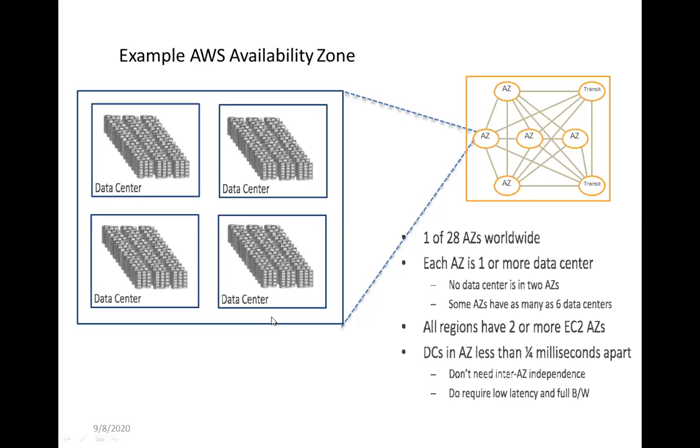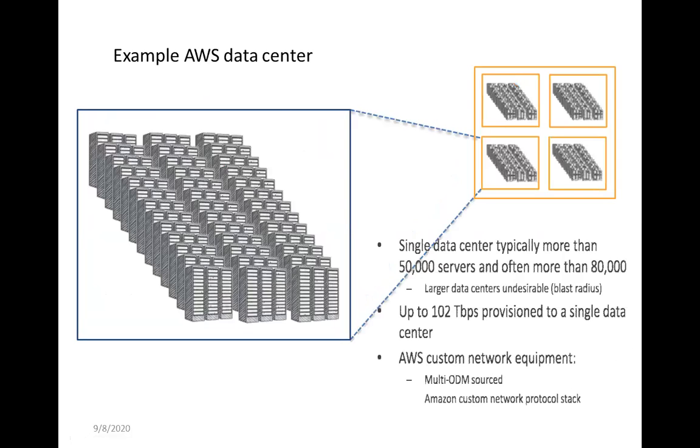How transition is possible in the availability zone is shown in the form of an example. This is also an example of an AWS data center. You can see a single data center typically has more than 50,000 servers, and often more than 80,000.